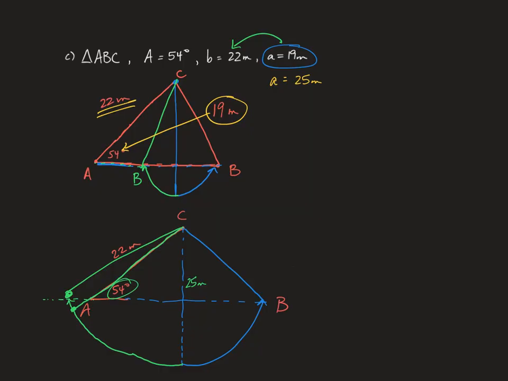It is smaller than the other given side. Therefore, two triangles. However, when I changed that information and I made side A larger than the other given side, then I can't swing that side in both directions. I can only swing it out, therefore, one triangle.